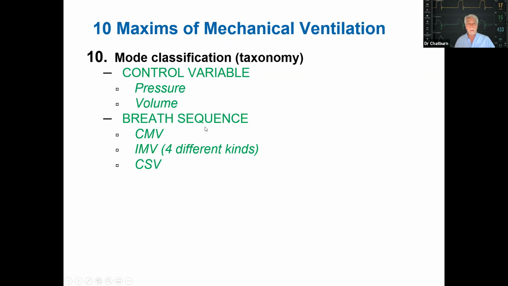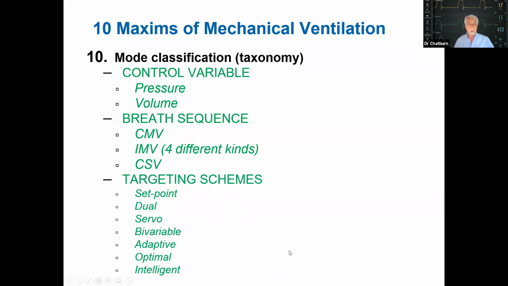Next comes the breath sequence, which we already mentioned, and I will further specify that there are 4 different kinds of IMV, something that we might talk about a little bit later on. Identifying the evolution of IMV over time has become very important. And I would argue that someday all modes will be some form of IMV, probably at the time when ventilators are all controlled by artificial intelligence and they don't need us too much.